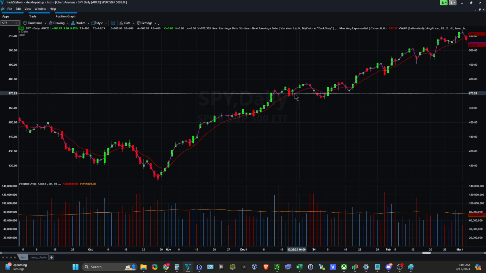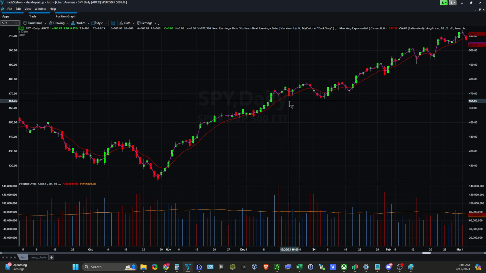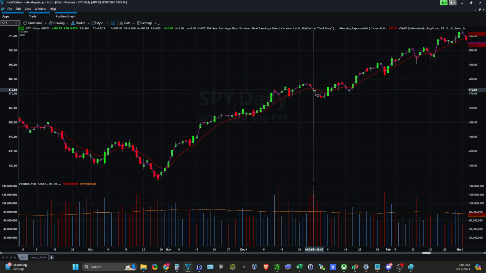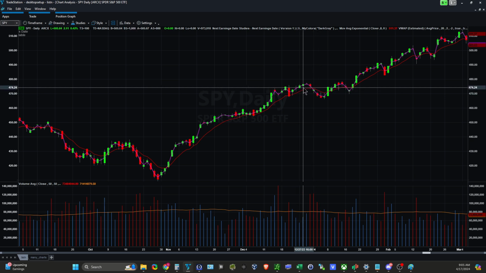Should be right. So, okay, the next day, what happens? We do not continue the selling, and we close a little bit above the halfway point of that red candle. Okay, that's good. The next day, we open about here, which is in the tail of that red candle.